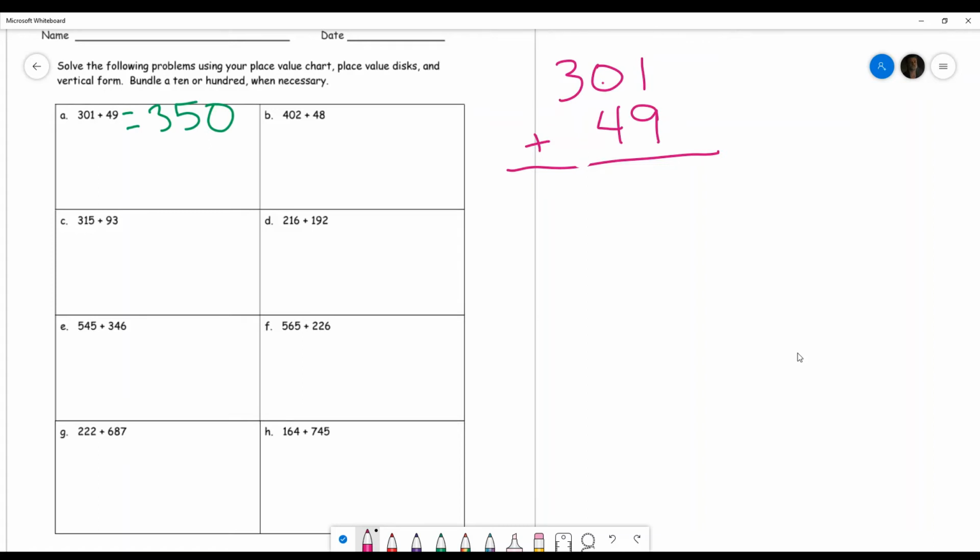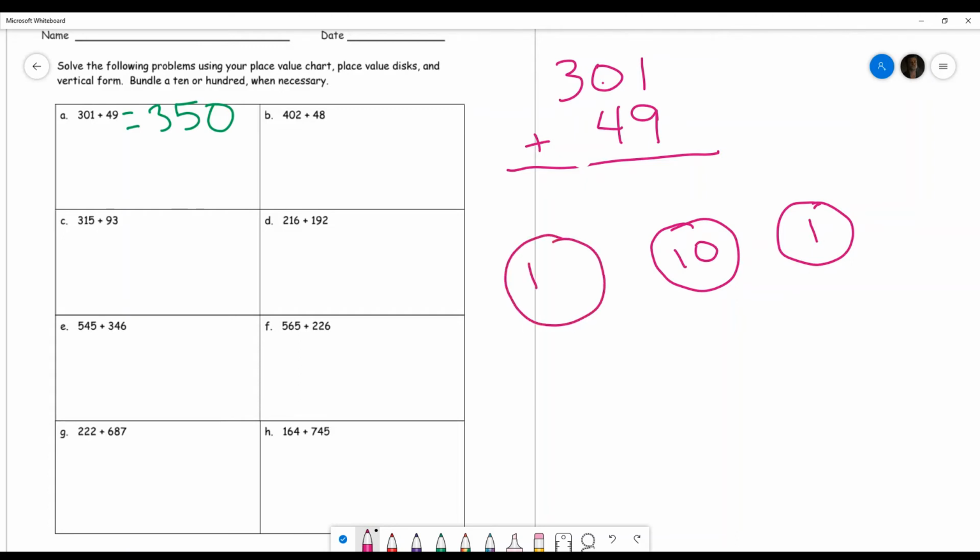But if you were doing that without those, because we're not in the classroom, you could just represent your ones as a circle with a 1, your tens as a circle with a 10, and then your hundreds as a circle that says 100.